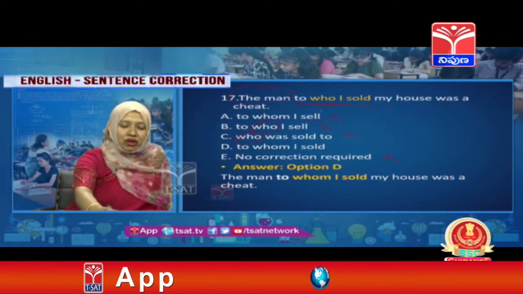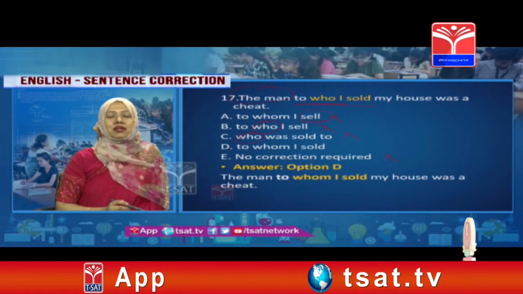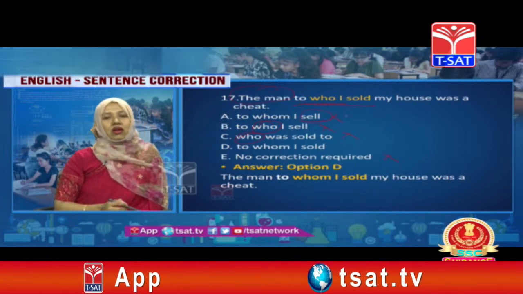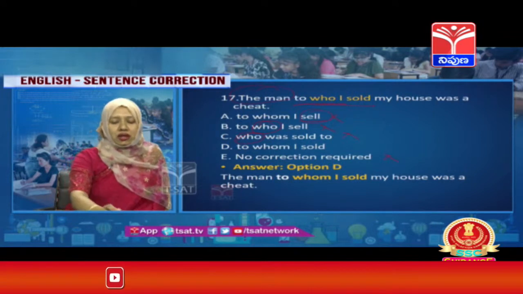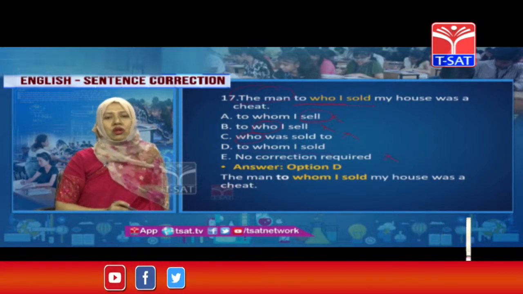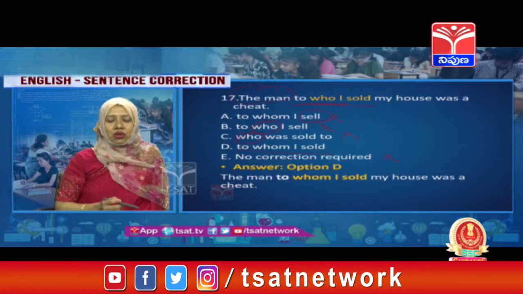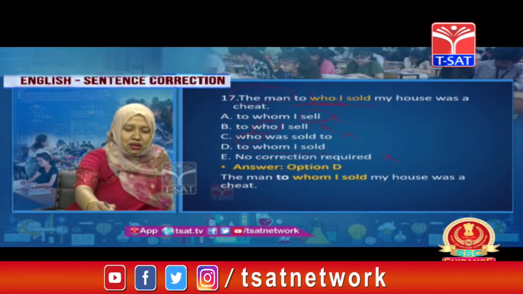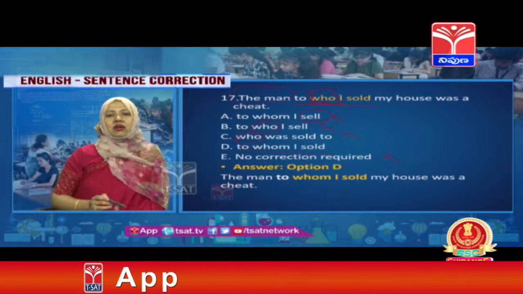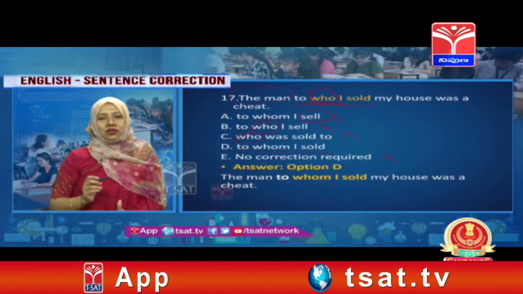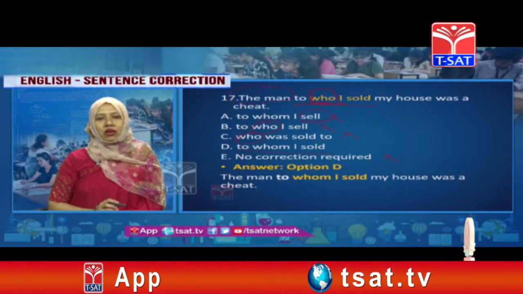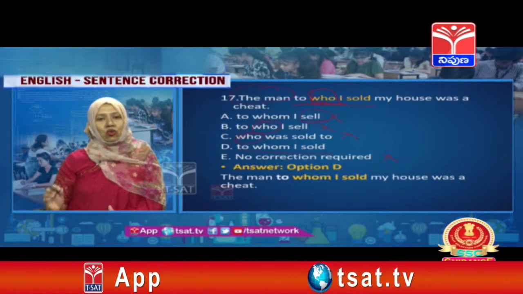So here the verb sell is in present tense. Again this option is wrong. Now what is left with you? Option D, the man to whom I sold my house was a cheat. The correct sentence is to whom. So here the mistake is in the usage of this word. Who is wrong, it should be whom. Relative pronoun whom should be used.